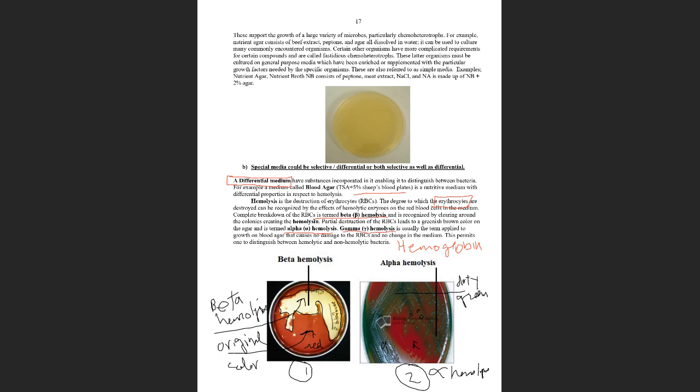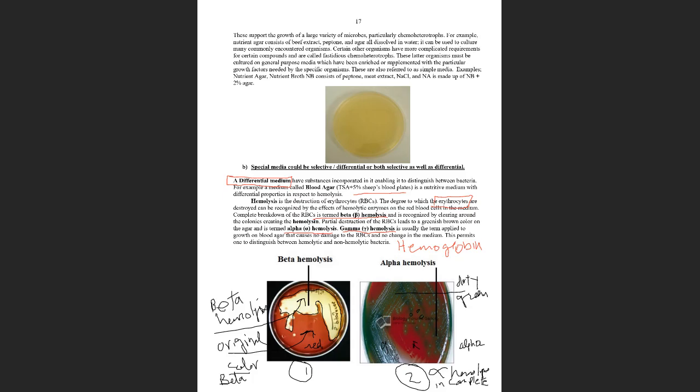So partial or incomplete hemolysis, also known as alpha. Alpha, this Greek symbol alpha, A-L-P-H-A. Alpha hemolysis. So plate 1 is beta, B-E-T-A, beta hemolysis. Plate 2 is alpha hemolysis.